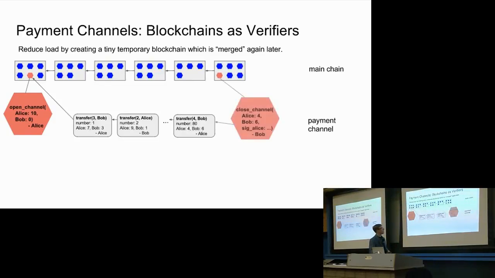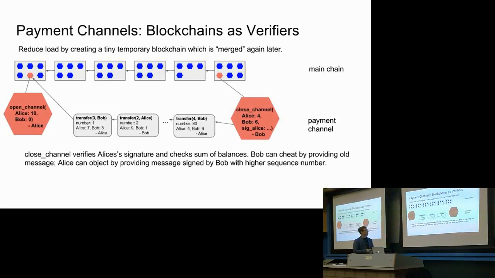And what happens now is that Bob creates a transaction on the blockchain. So this is the second transaction that happens on the blockchain. This was the first, and this is the second. And Bob calls the close channel function, appends the current state of the channel, as denoted here, and also the signature of Alice from this transaction. So this signature here is the signature of that transaction. And he also signs the full blockchain transaction.